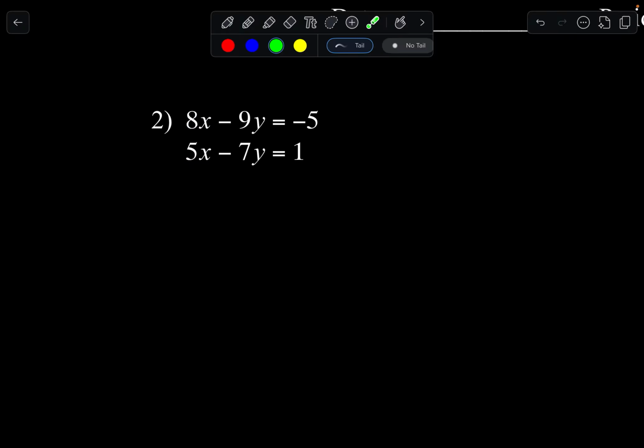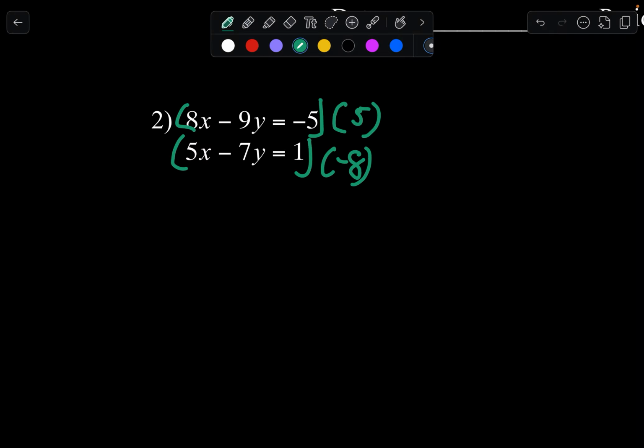So I'm going to multiply both equations. Basically, I want to turn the top one into positive 40x by multiplying the whole thing by 5, because 8 times 5 is 40. You could go the other way, but that's what I'm doing. And then I'm going to turn the bottom one into negative 40x by multiplying by negative 8. So this is 40x minus 45y, because 5 times negative 9 is negative 45.